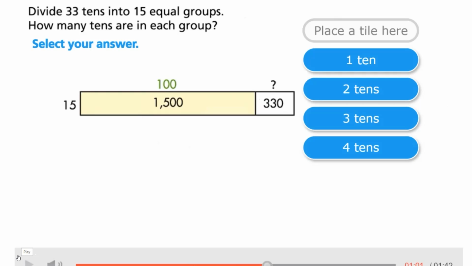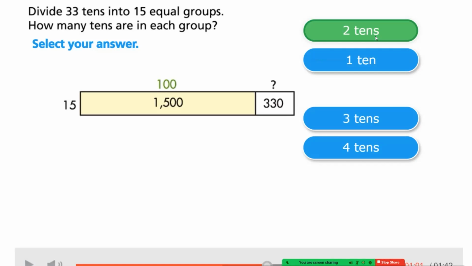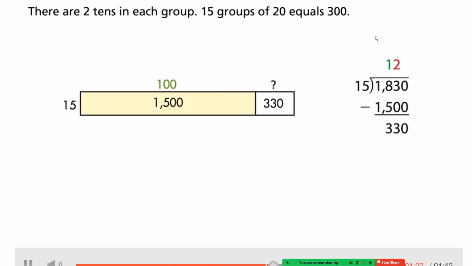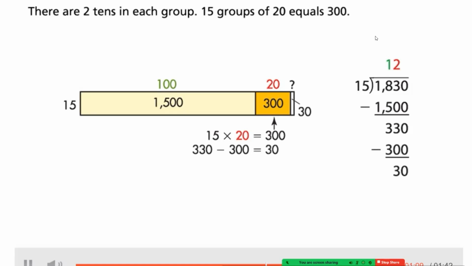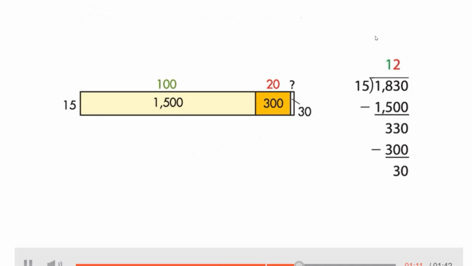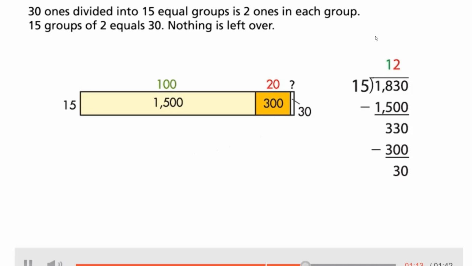Select your answer. There are 2 tens in each group. 15 groups of 20 equals 300. 30 ones divided into 15 equal groups is 2 ones in each group. 15 groups of 2 equals 30.